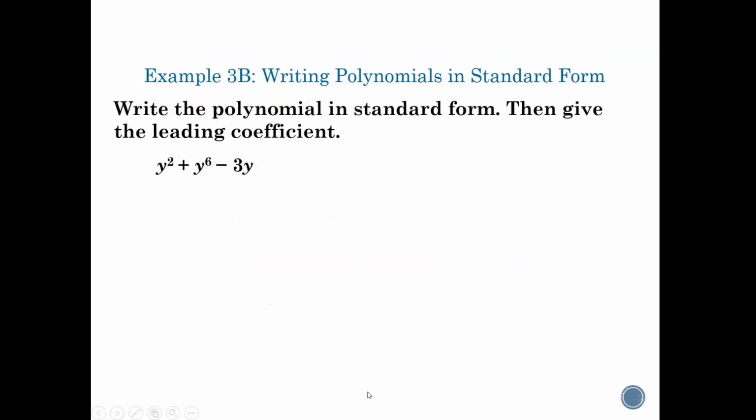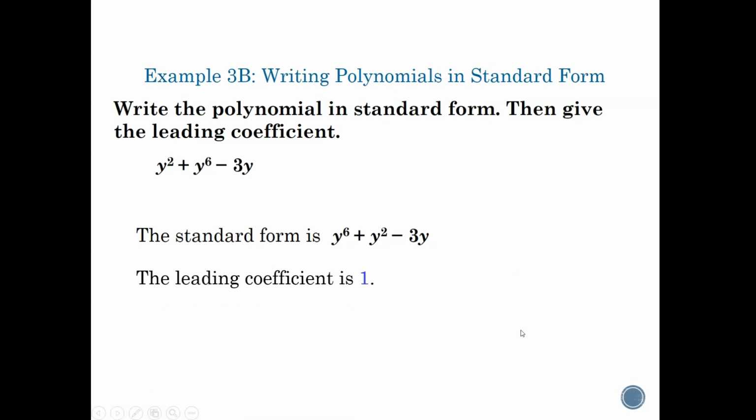So once again, we have an example, y squared plus y to the 6th minus 3y. We are going to rearrange our terms so that they are in order from greatest to least in terms of degree. So that's y to the 6th plus y squared minus 3y. And the leading coefficient is the value on that first term, which in this case is 1.